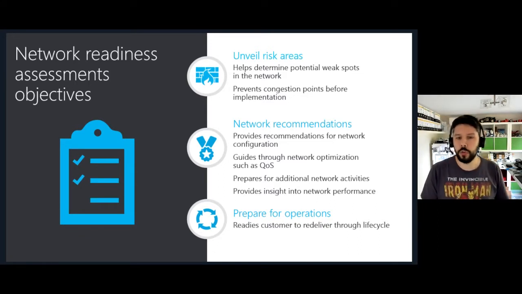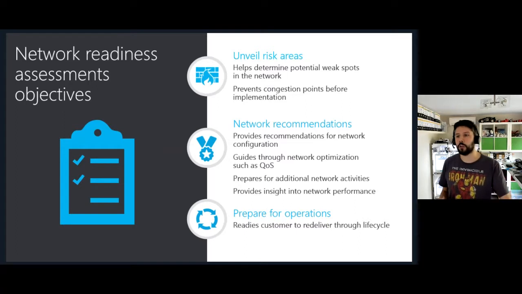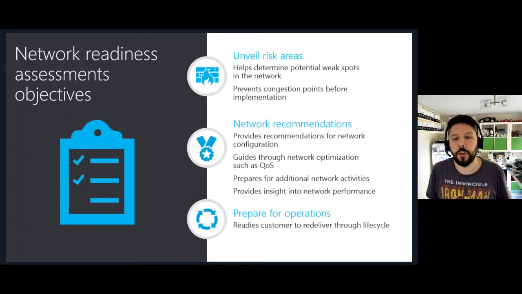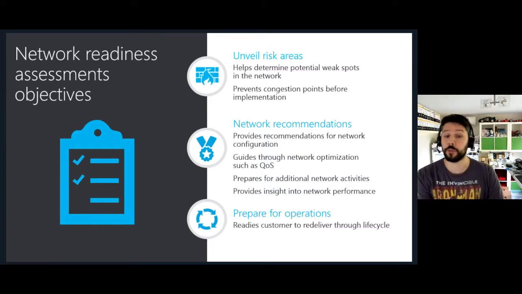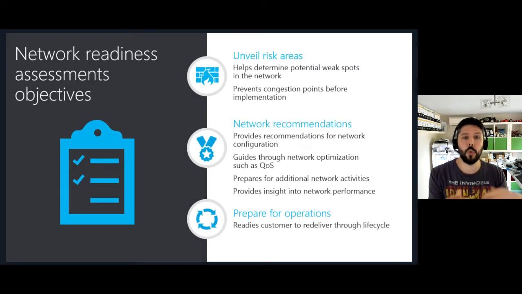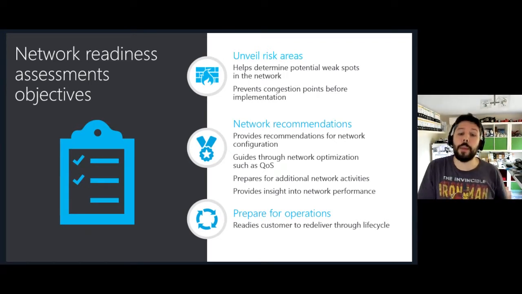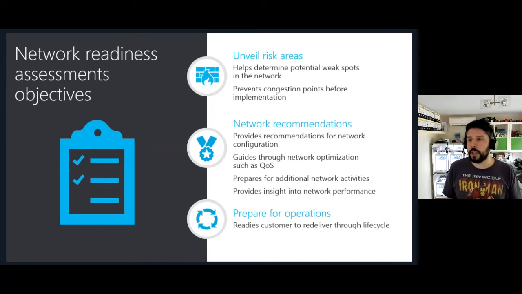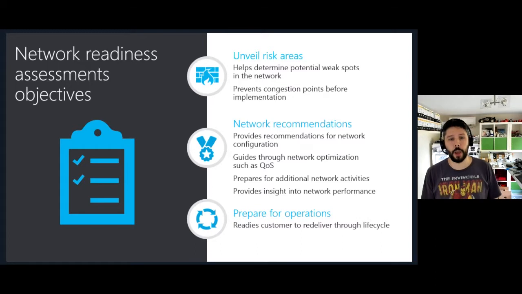You're telling your customer things like, this is how you should do QoS. It seems that your wired network is performing flawlessly, but your Wi-Fi is having issues. Let's focus on Wi-Fi, maybe we need to do a Wi-Fi assessment. Those are really the things that come out of those assessments.